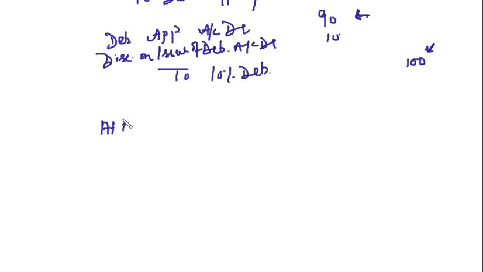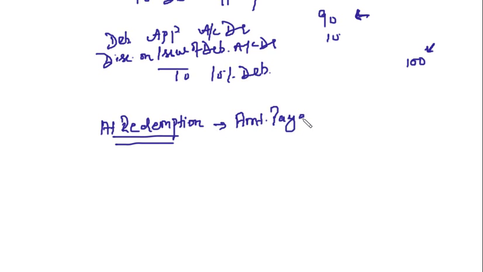At redemption, amount payable is 100 rupees, that is the face value. Because it was your discretion to issue the debentures at a discount, the value of that debenture is 100 rupees.